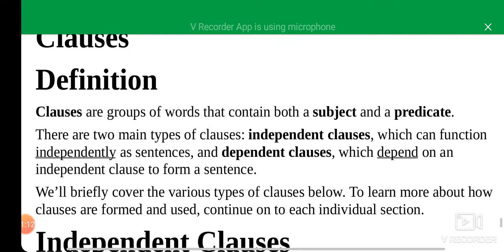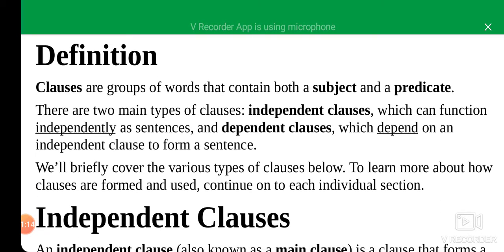So even a simple sentence, which should have at least a subject and a predicate, can be called a clause. Well, there are two main types of clauses: independent clauses, which can function independently as sentences, and dependent clauses, which depend on an independent clause to form a sentence.